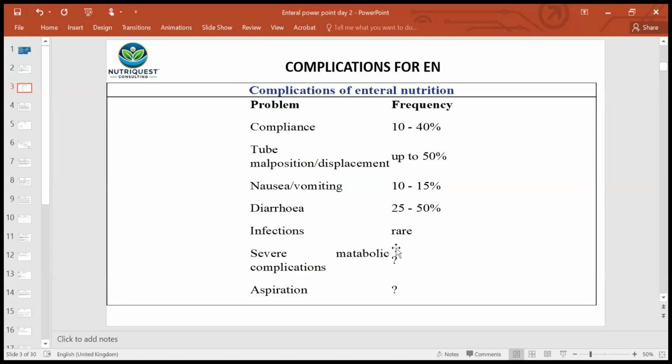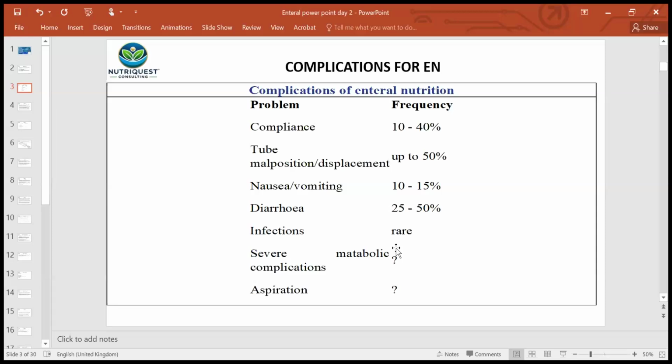Then we also have what we call tube malposition or displacement, with up to 50% of cases reported. Then we have nausea and vomiting, 10 to 15%. Diarrhea, 25 to 50% of cases.